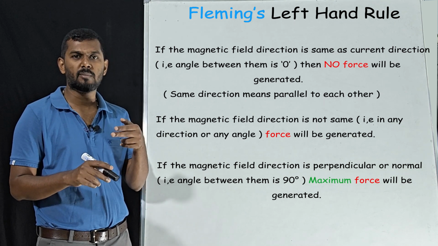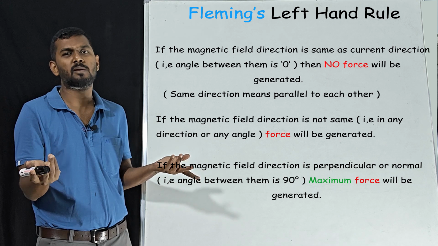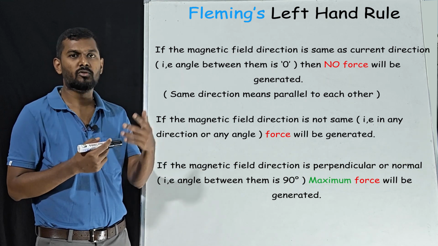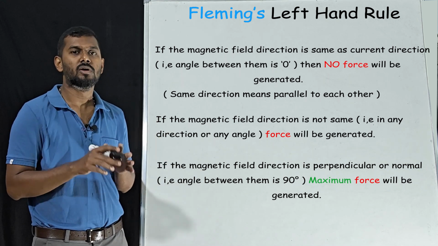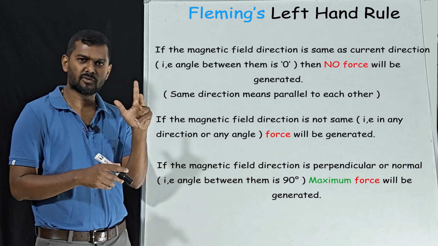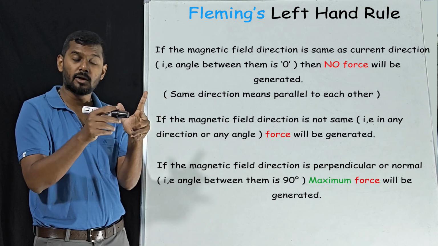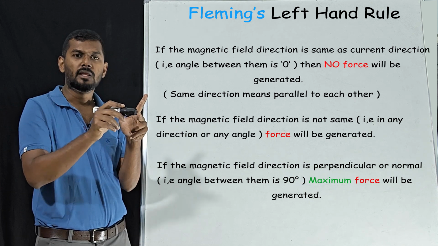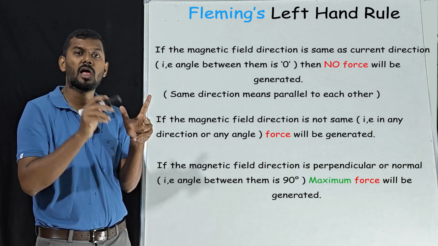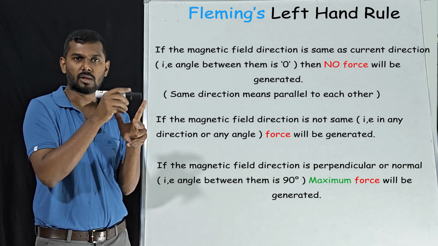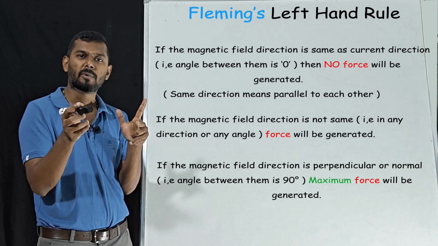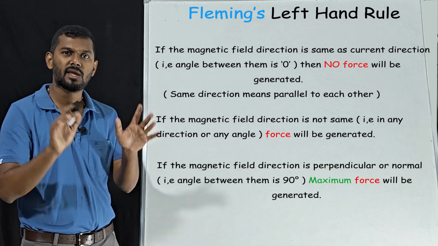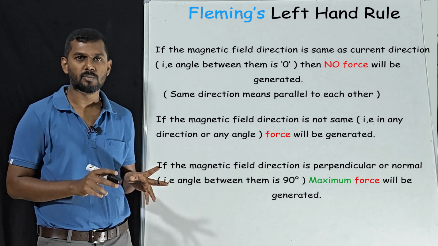If they are parallel, that means the angle between them is 0, then the force will also be 0. So in any direction the force will be generated, but when magnetic field lines and the direction of current are normal, or you can say perpendicular, maximum force will be generated. This is very important.